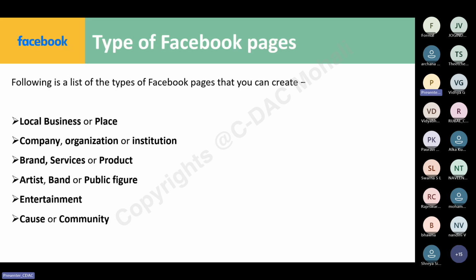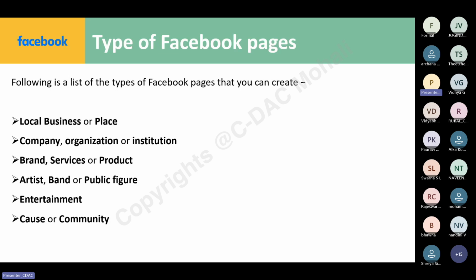For example, there is a company named Adobe, and Adobe has a number of different products. They have Photoshop, they have Illustrator, they have Adobe Reader. So they can create a Facebook page for their whole company, like the whole of Adobe, and they can also create a sub page or a different page for a separate single product.